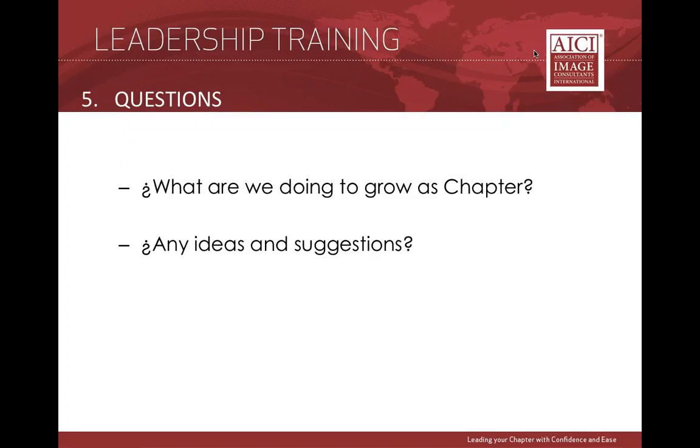This is creating a lot of problems for the genuine people who are trained, who are AICI associates, and they cannot justify the amount. Let's say a company that wants to hire an image consultant is getting just a corporate trainer who calls themselves an image consultant at a very, very low cost. So they don't want to hire us. So we are also facing certain similar issues in India.